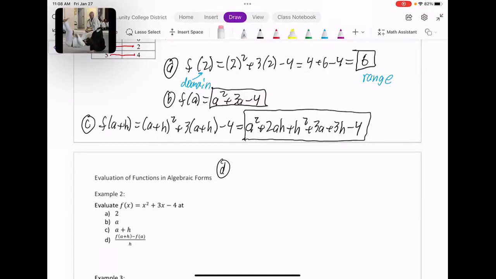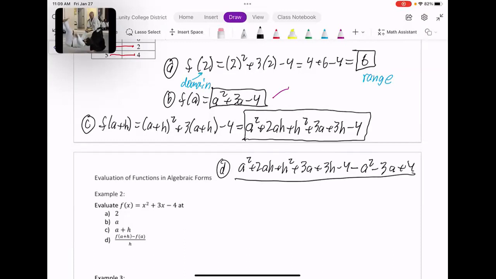So here we go. Now I'm going to subtract part B here. So I'm going to change all the signs on this. So it's going to be minus a squared minus 3a plus 4 all over h.